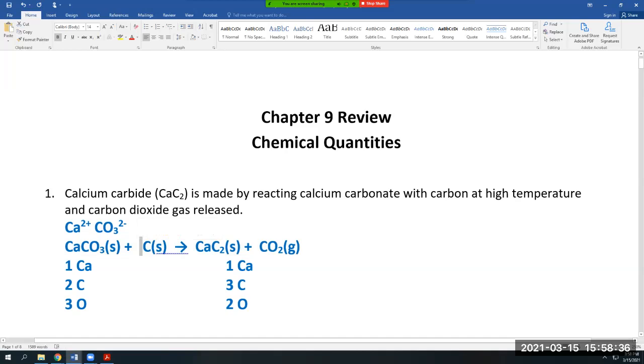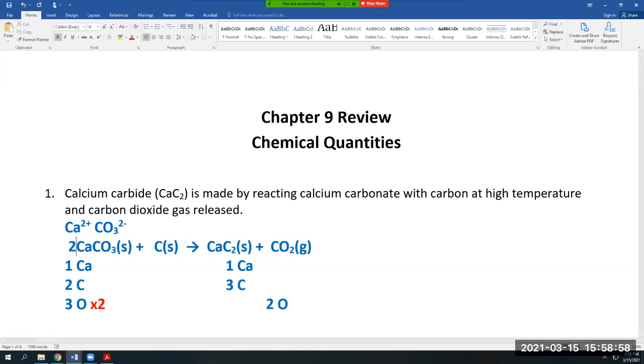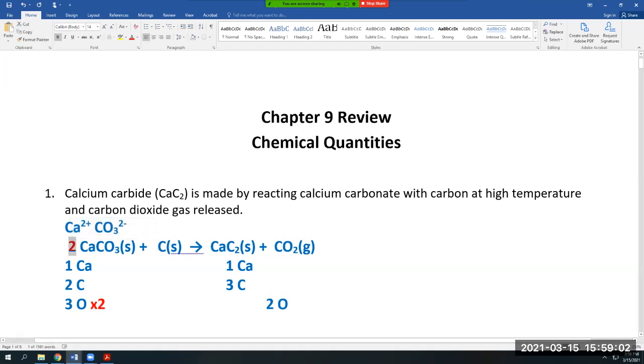Oxygen, we have 3 on the left, 2 on the right. And when you have 3 and 2, it's not easy other than making it 6 on both sides. So let's try to make it 6 oxygen on both sides, having multiplied by 2 on the left. And that 2 will go in front of CaCO3 because we want the 2 in front of the molecule that has the oxygen.